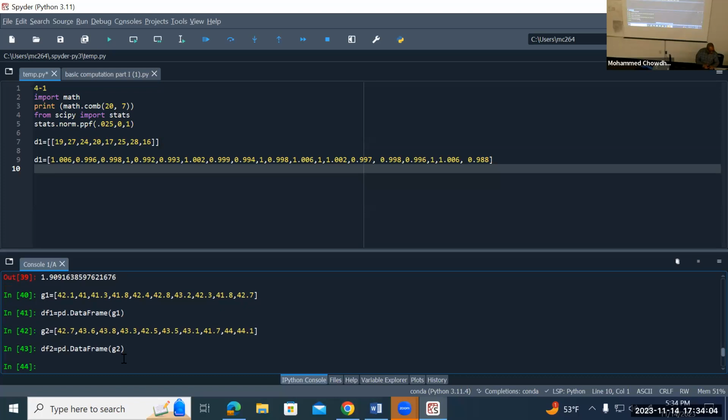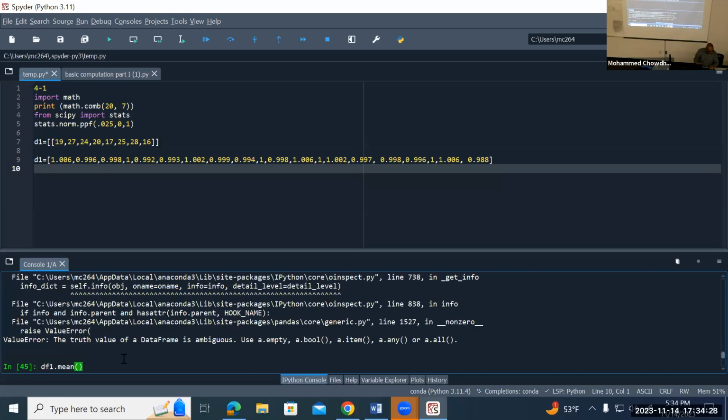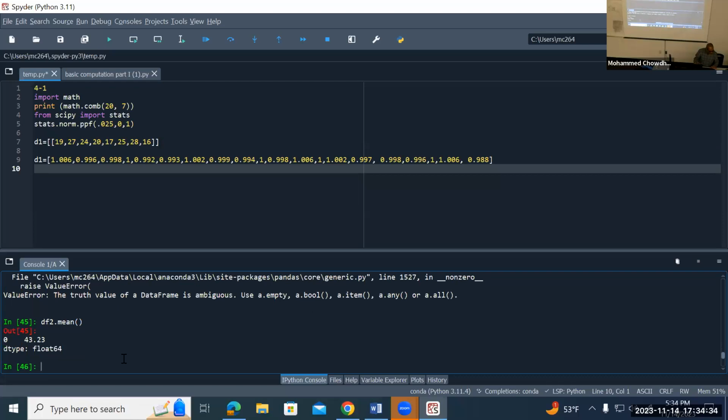Okay, so now these two data are in there, right? Now it is easy if I write one line of code, everything is coming. But instead, I want to do the paper and pencil approach. So what I need to do: df1.mean, I got this mean, and then df2, I got the mean again.